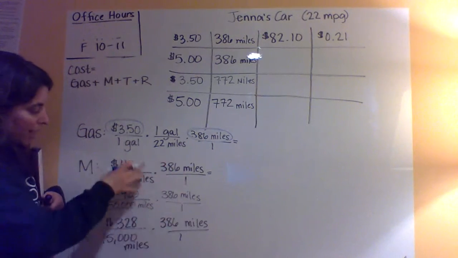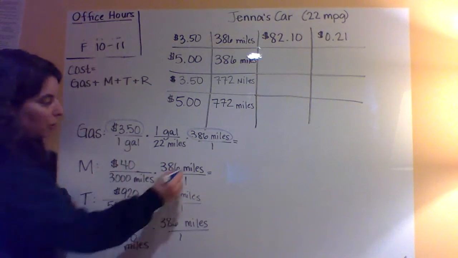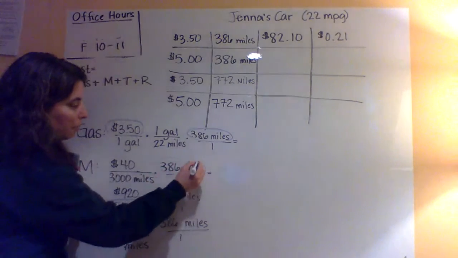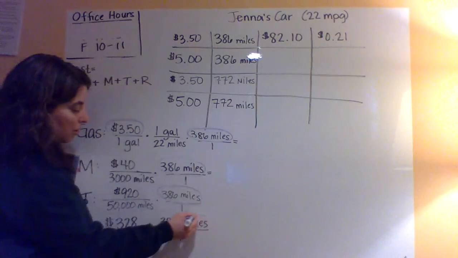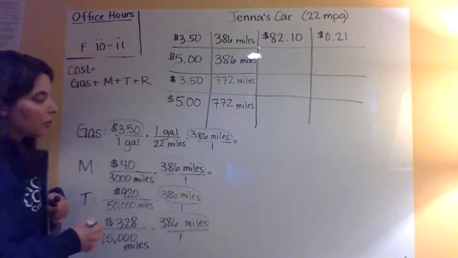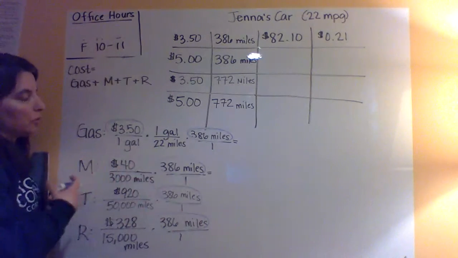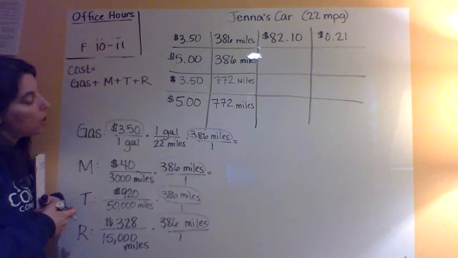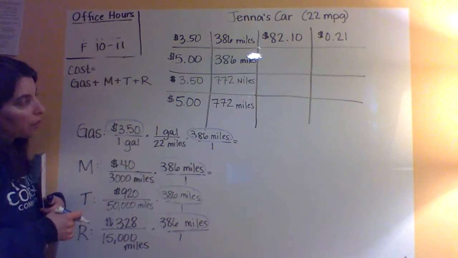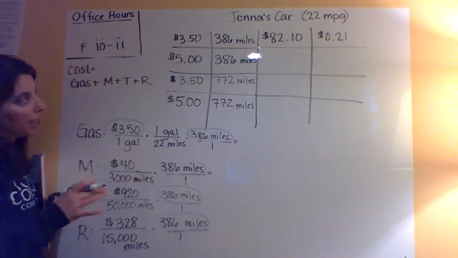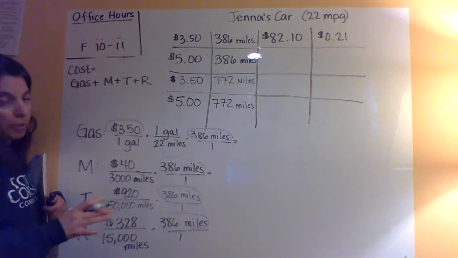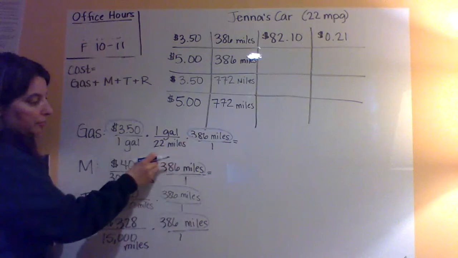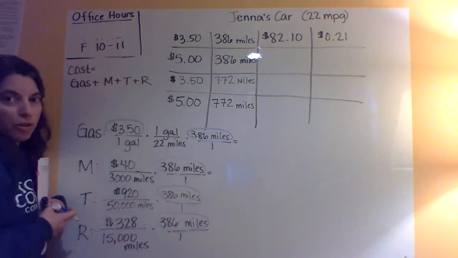Down here, the maintenance, tire, and repair costs don't change, but the mileage does. So these things I circled are the things that we may need to move in and out and change from one row to another. So if I look at the second row, I still have the same trip length, 386 miles. So those are all the same.